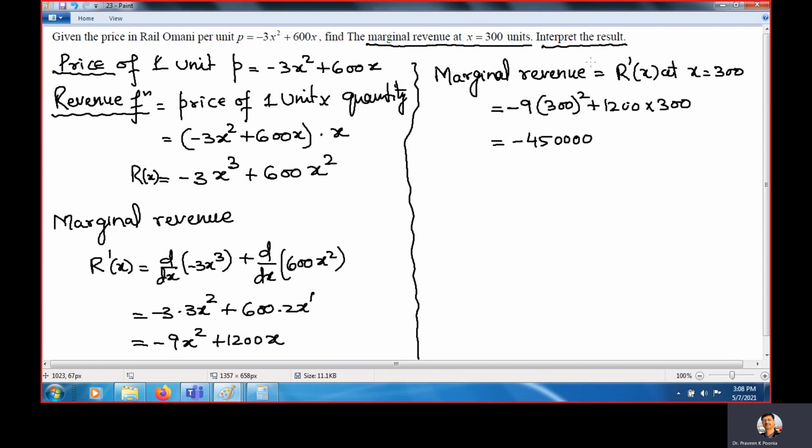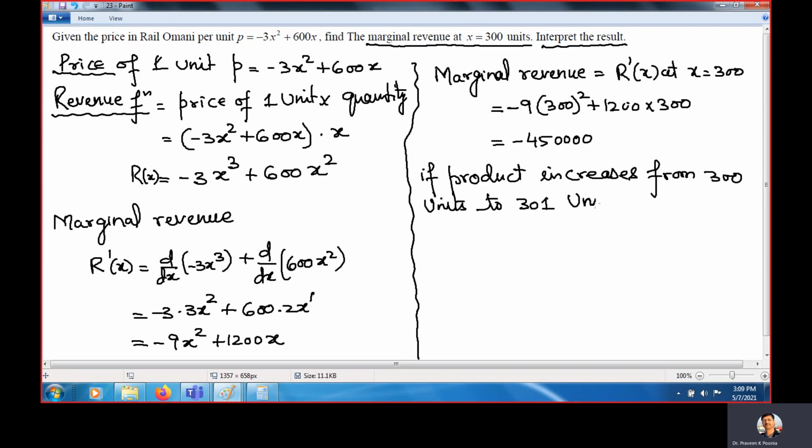Interpret the result means, what do you mean? It means, this is the conclusion, if production increases from 300 units to 301 units, means if there is a production increase of 1 unit, the revenue, revenue means negative, we are getting revenue, that means the revenue decreases by how much amount?